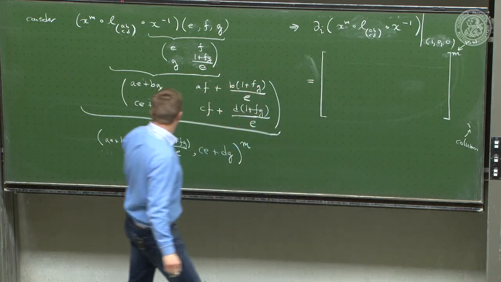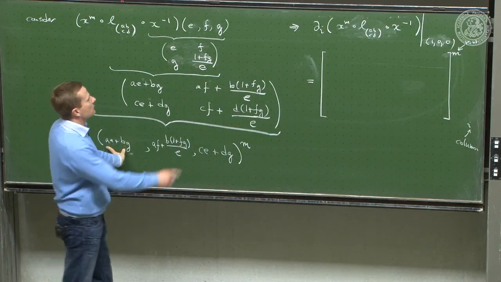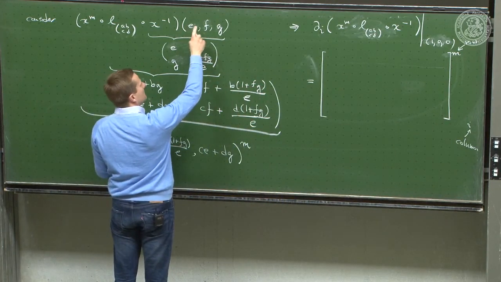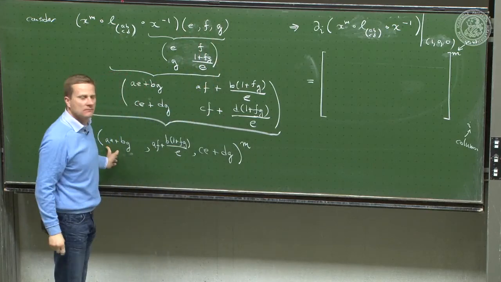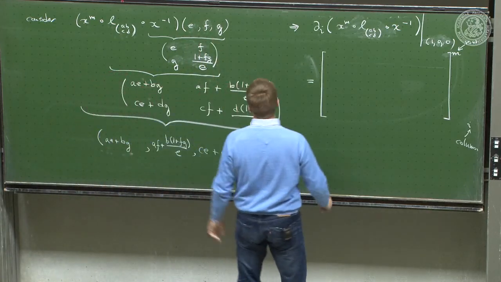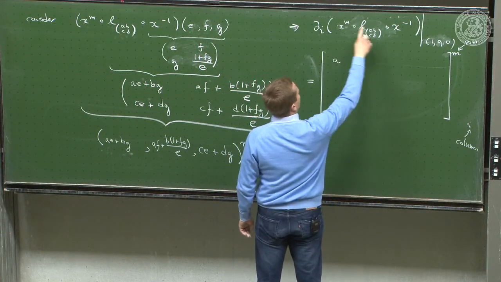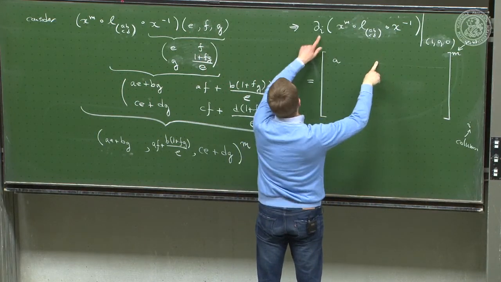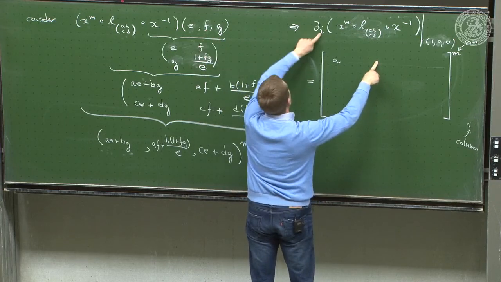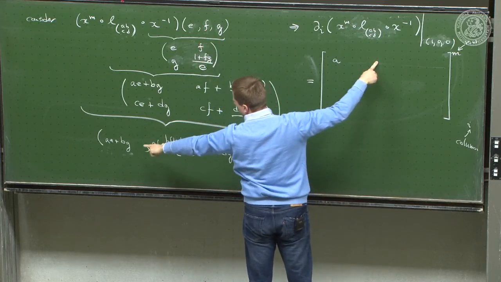I take this first entry and I derive it with respect to first E, then F, and then G. The first one with respect to E is A. Done. The first one, m equals 1, with respect to the second entry, I equals 2, f, is 0.